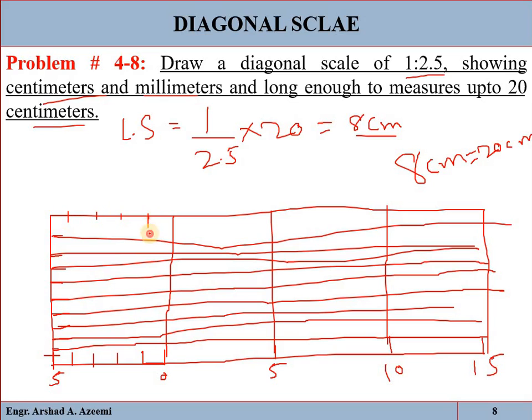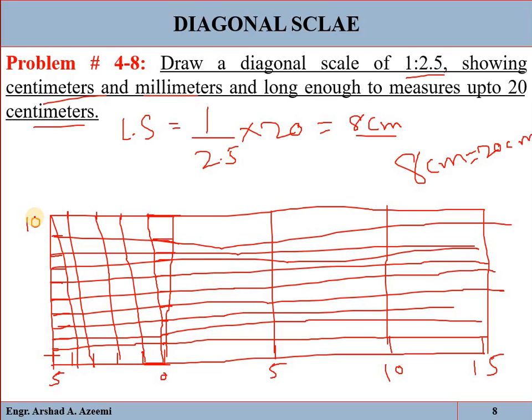Now join the first point with this 0 point, join this one with second, this one here, it here. Now you can see this was 1 centimeter distance. So this will be 1 centimeter, 0.9 centimeter, 0.8 centimeter, 0.7 centimeter, 0.6, 0.5, 0.4, 0.3, 0.2, 0.1 centimeter. 0.1 centimeter means 1 millimeter. Okay, so through this we can measure up to millimeter.